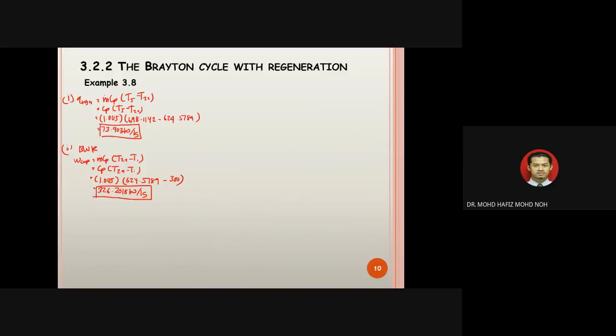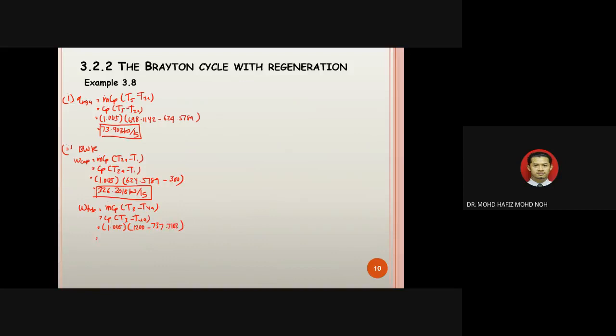And then you proceed to calculate W turbine, which is m dot Cp (T3 minus T4 actual). So here it is 1.005 times (T3, which is 1200, minus T4 actual, which is 737.7102).